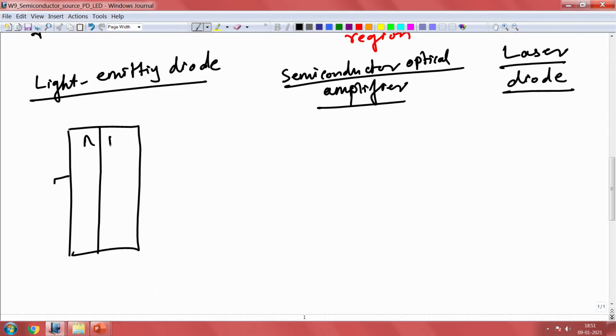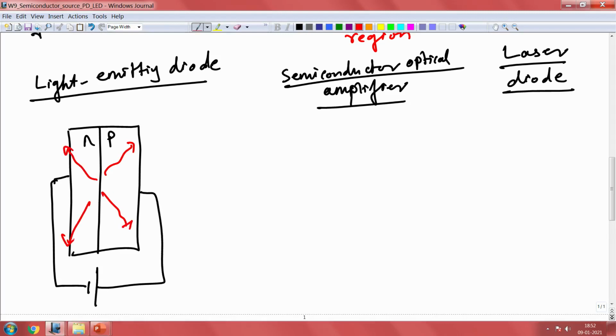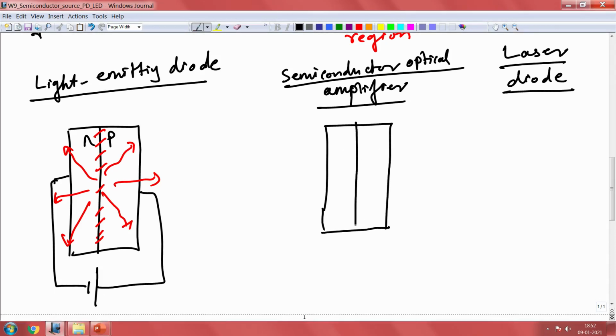We have N type and P type, and I am going to positively bias this. When we do this, you are going to generate photons in all possible directions. So, you will generate light. This is natural because you have the junction here and this junction is going to generate photons. The next type of device that we are interested in is an amplifier.